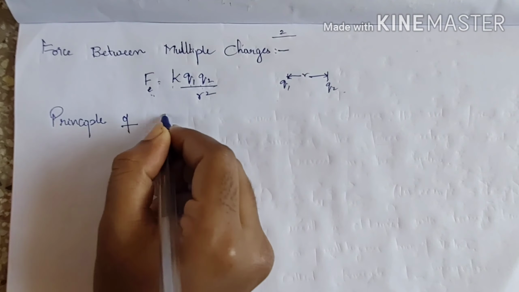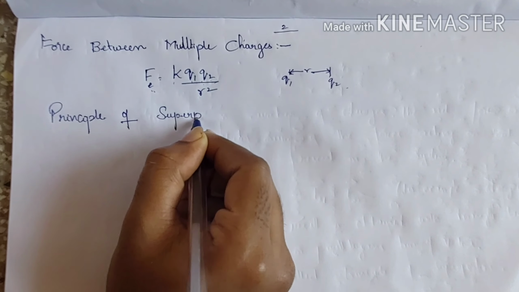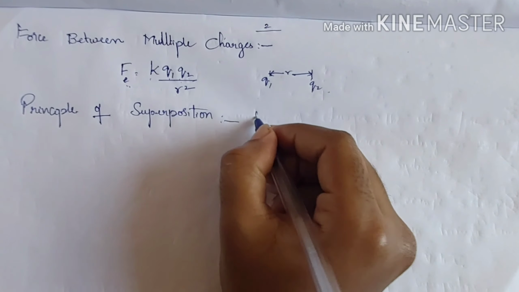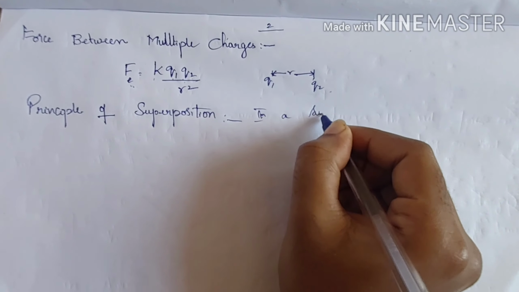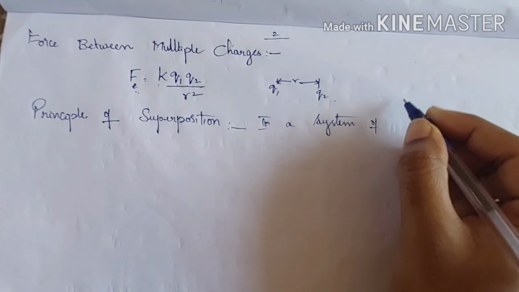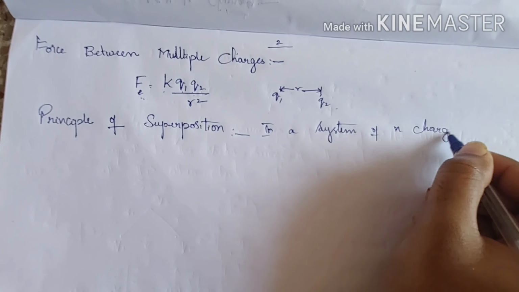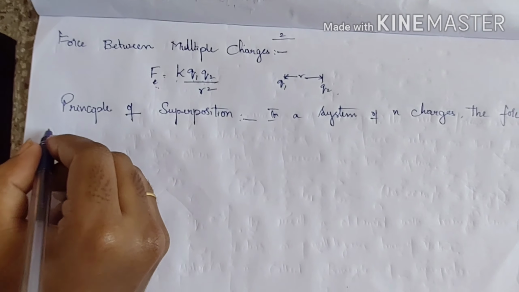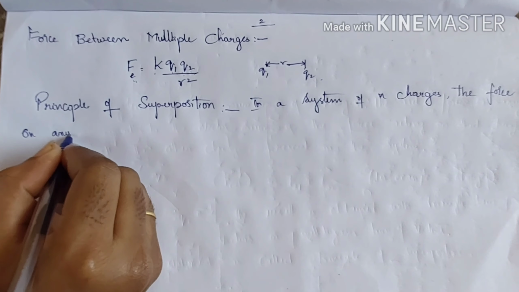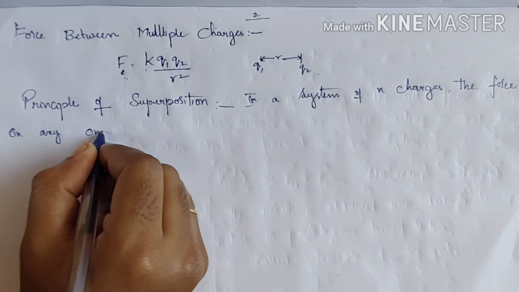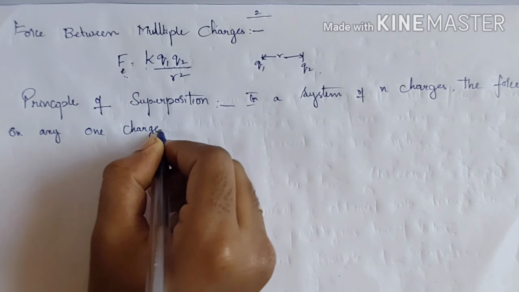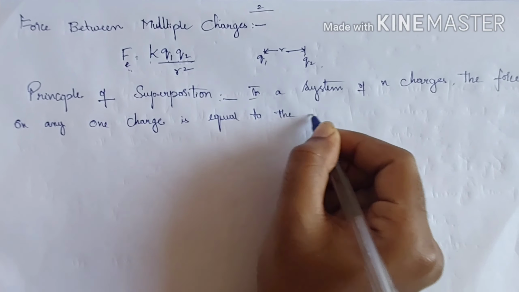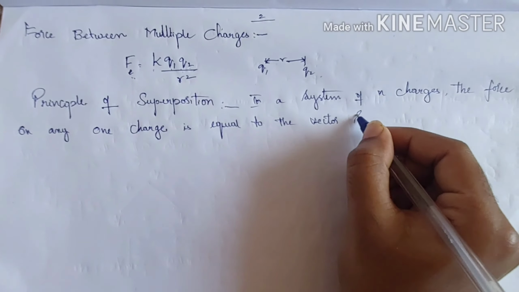Principle of superposition. So what is the principle of superposition? In a system of n charges, the net force on any one charge is equal to the vector sum.